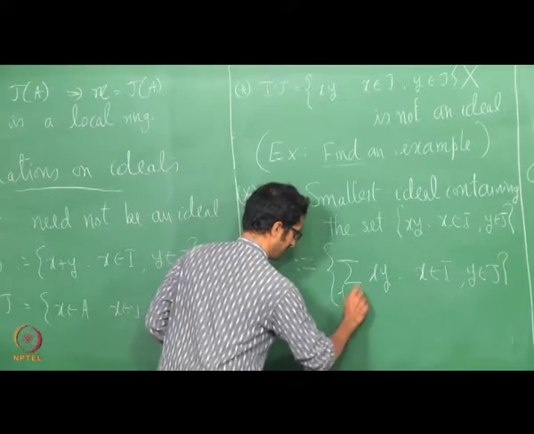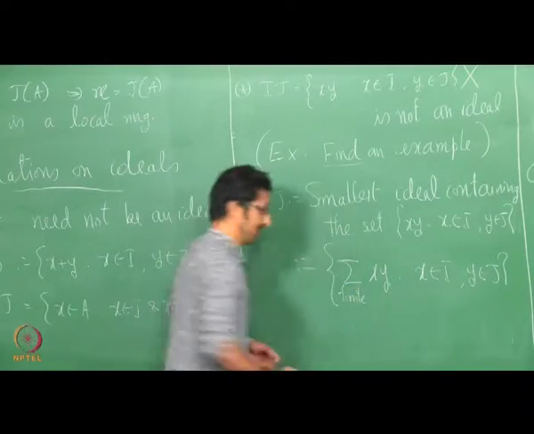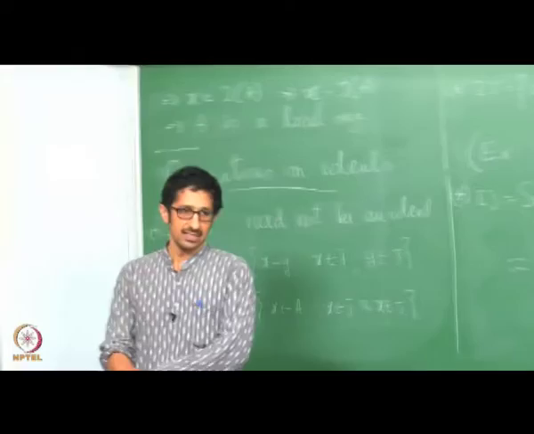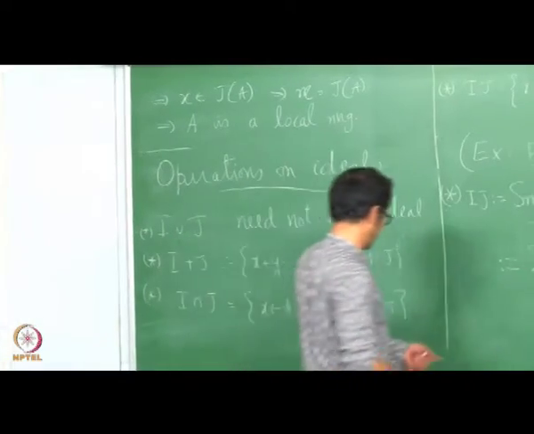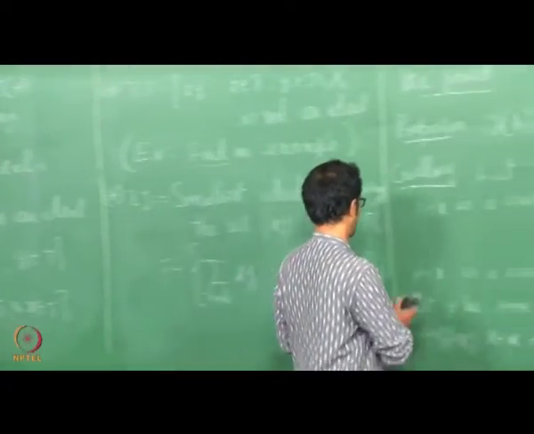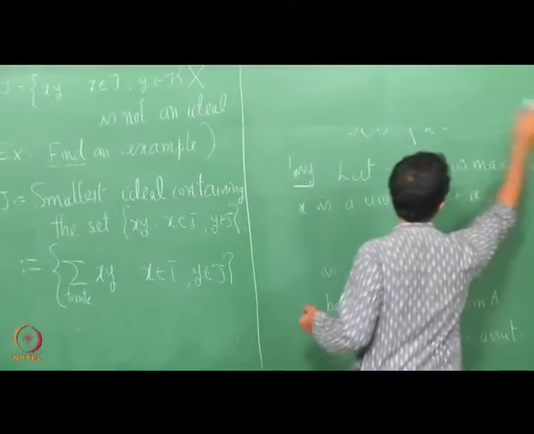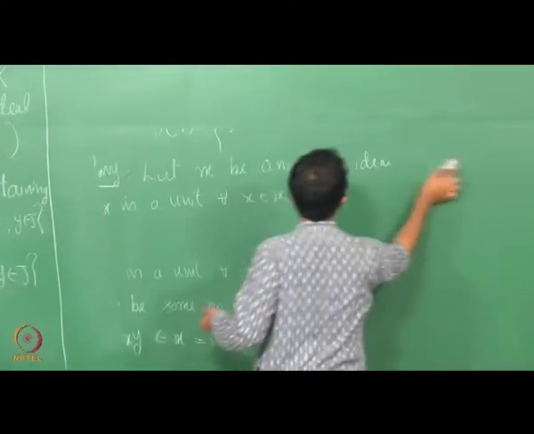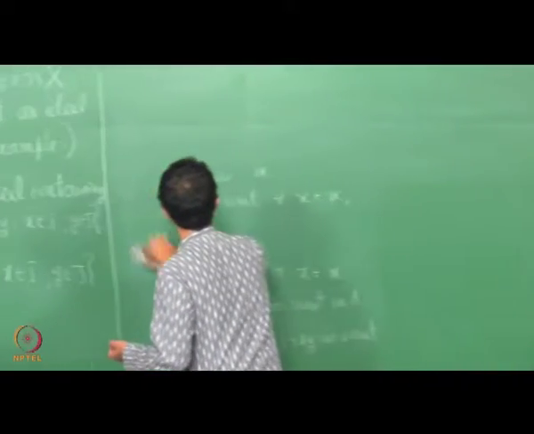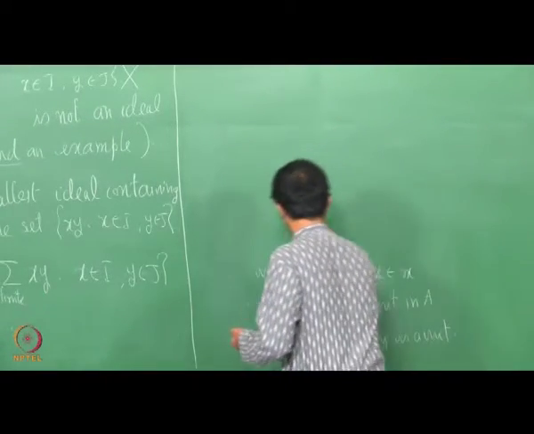We are in ring theory, and whenever I write sigma for summation, it will always be a finite summation, because we do not deal with infinite summation.